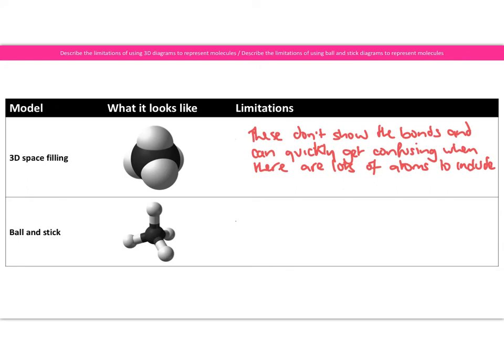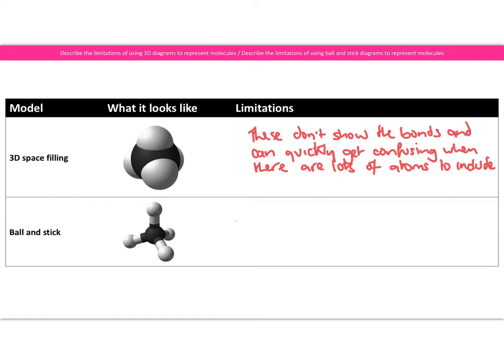So finally, we have the ball and stick model, and you may have used them, but you've probably seen where people make molecules using coloured balls to represent particular elements, and then they've got these little plastic sticks that join them together. They can be quite useful, and what they certainly give you a sense of is the three-dimensional structure, and that can be very useful.